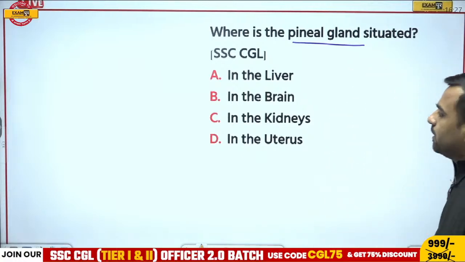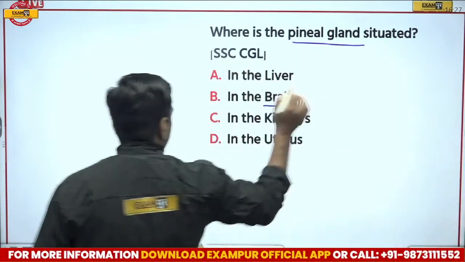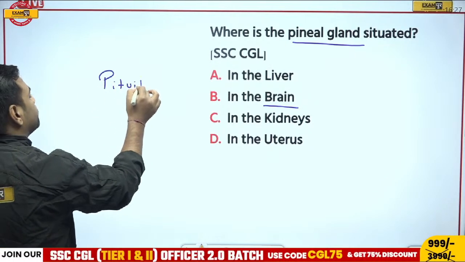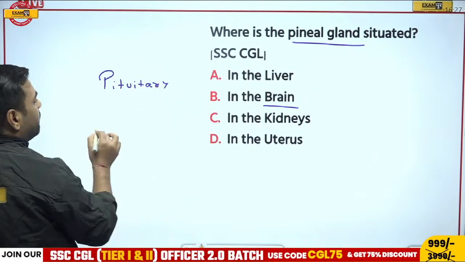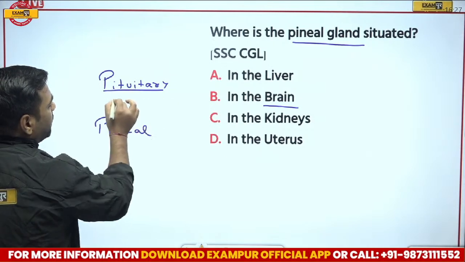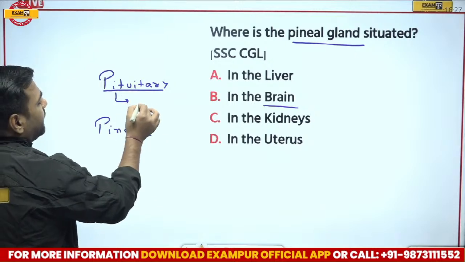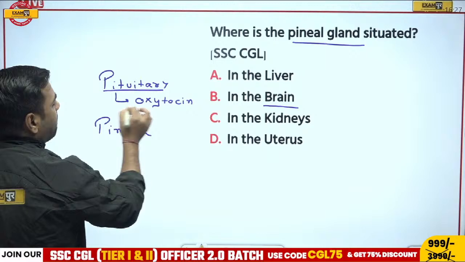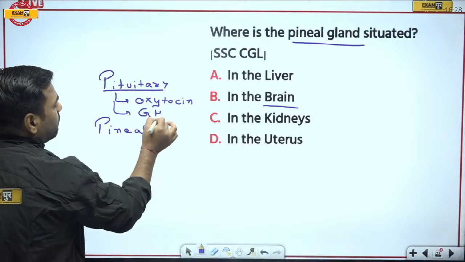Pineal gland. If I talk about the brain, within the brain we have the pituitary gland and we have the pineal gland as well. The pituitary gland releases oxytocin, and apart from that we also have growth hormone over here.